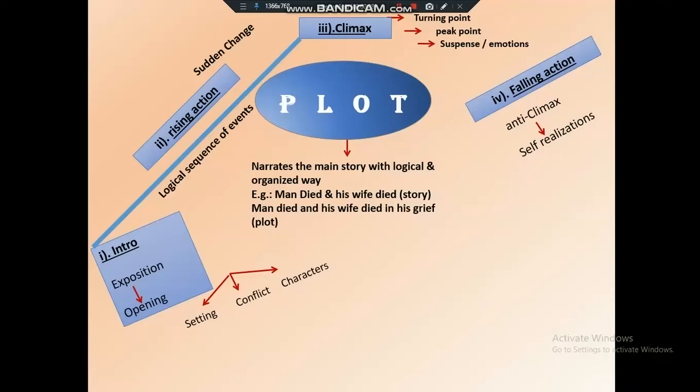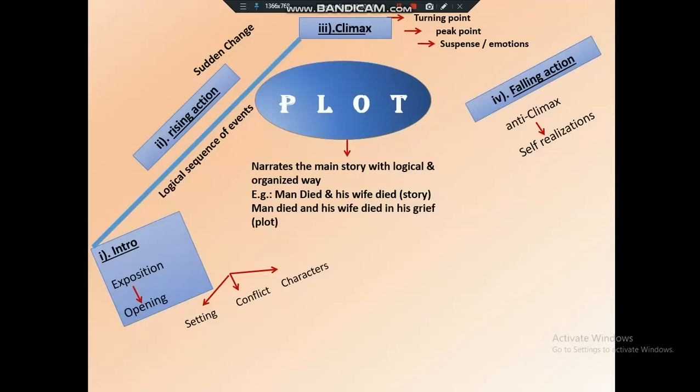Now you can say that the play is going to move towards the resolution, towards the ending of the play. And here in falling action, in anticlimax, the suspense of the story or some events of the story get clear, you start feeling clarification of the events.